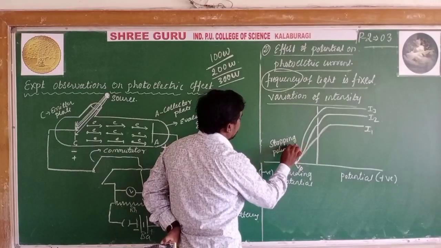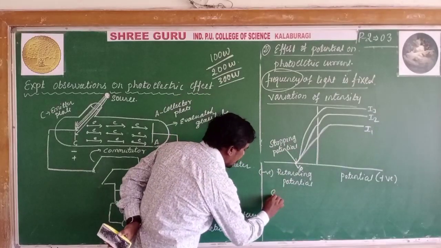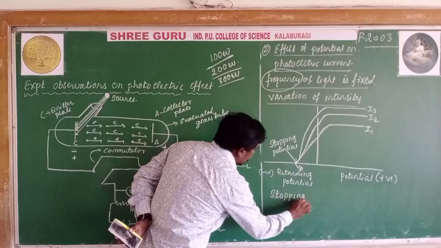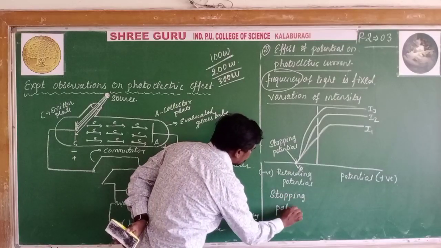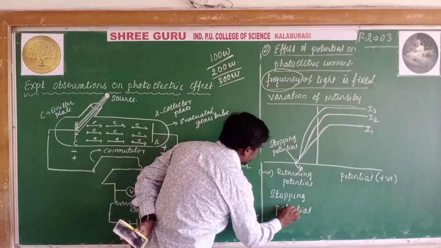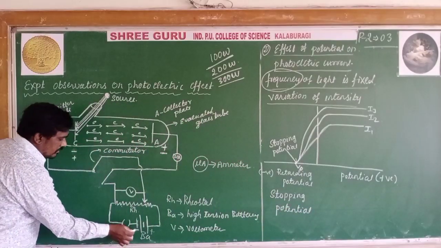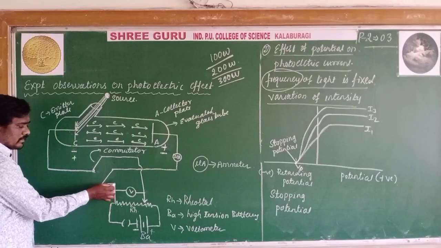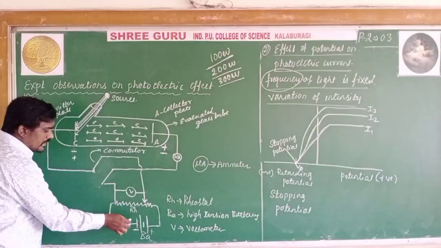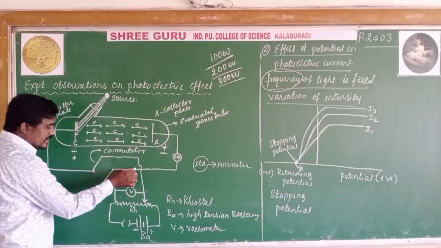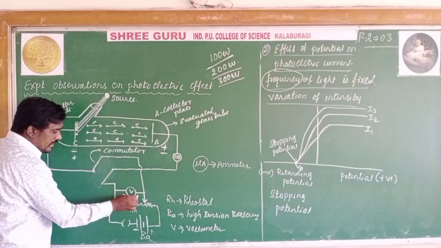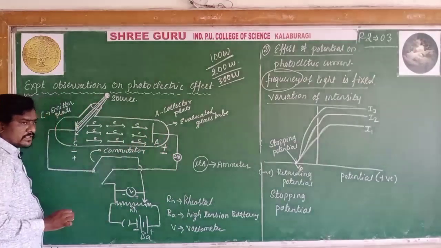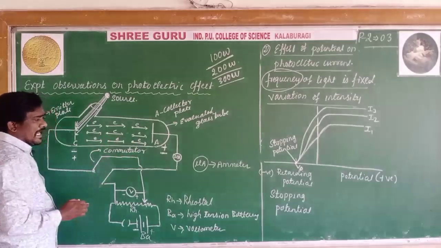Stopping potential. What is meant by stopping potential? Already we discussed. Stopping potential means a minimum negative potential is connected to, or given to, the anode plate.